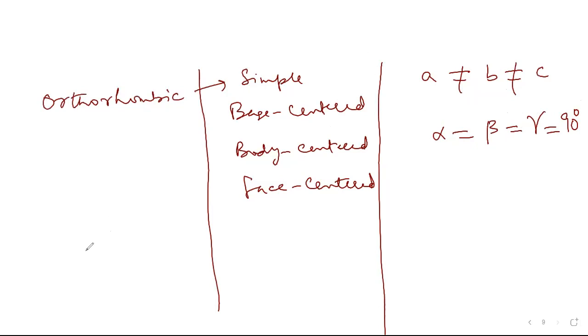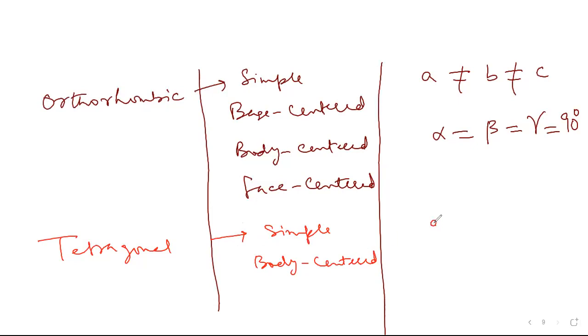Then another crystal system is tetragonal, where we have two kinds of Bravais lattice. One is simple and second is body centered.